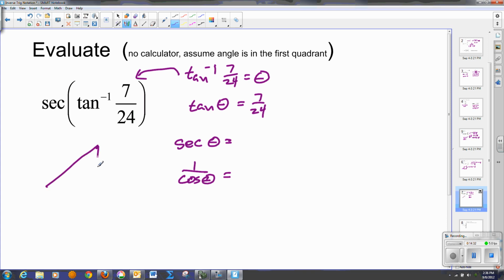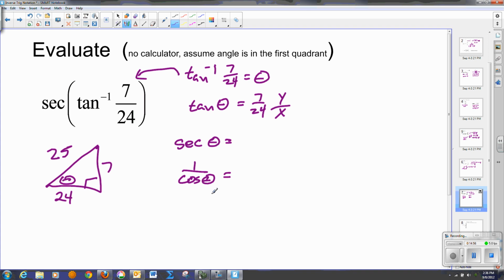So basically, I now have my triangle relationship given my tangent, which is my opposite y, over my adjacent x. I can say I have a 7 for my y value, a 24 for my x value. And again, this is a Pythagorean triple, so that's 7, 24, 25.